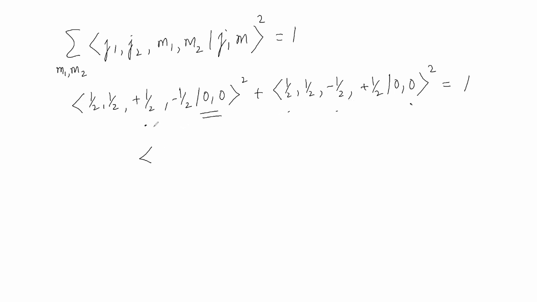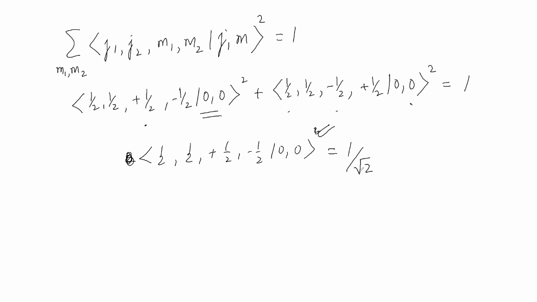That means this will become 2 times half, half, plus half, minus half, 0 0 square. This will be equal to 1. And then this quantity will become how much? 1 by 2, so 1 by root 2.